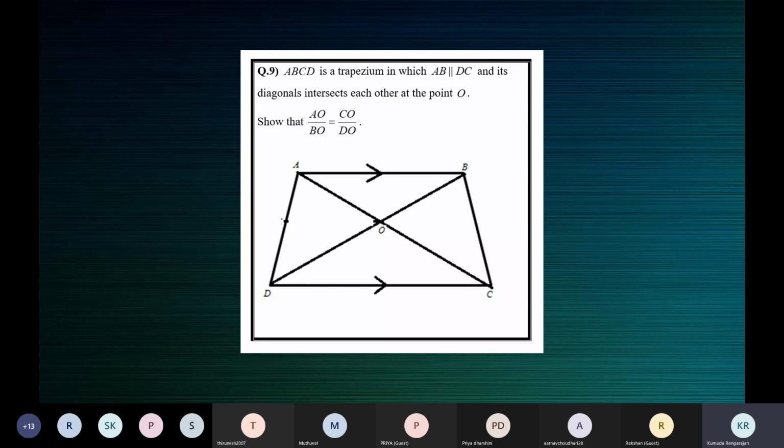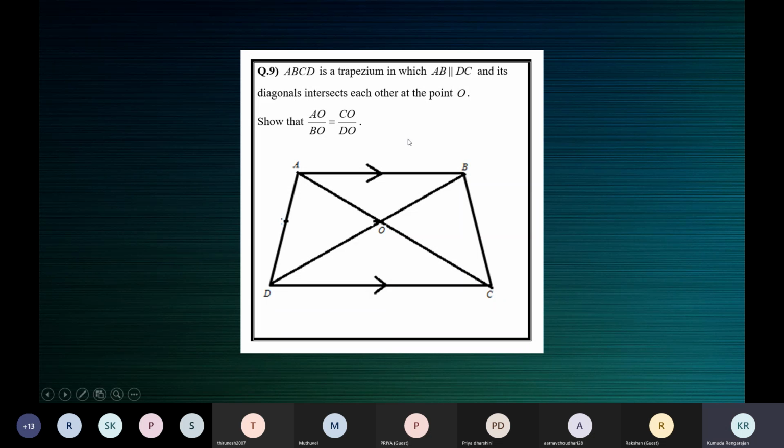Prove that in a trapezium, the diagonals divide each other proportionally.